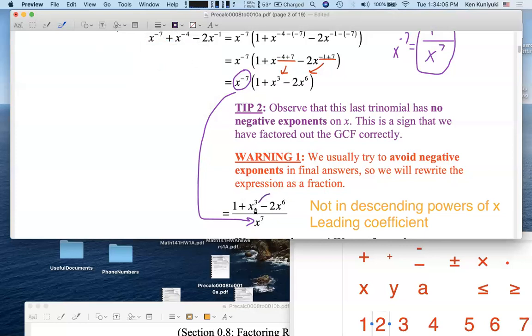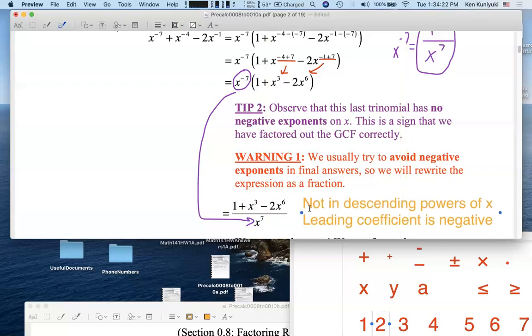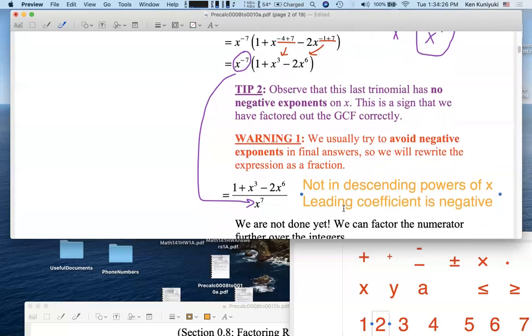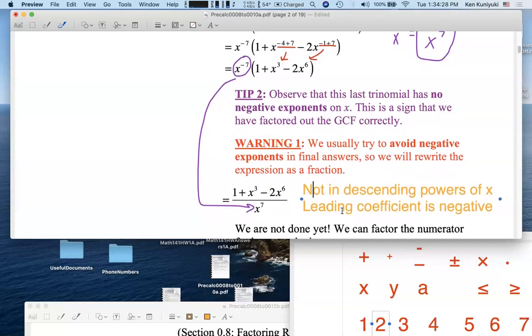The leading coefficient is the negative 2 here. We don't like the fact the leading coefficient is negative. In fact, let's deal with that issue first. Again, students can deal with the descending powers issue first, can reorder the terms. But let's start by dealing with the negative leading coefficient.